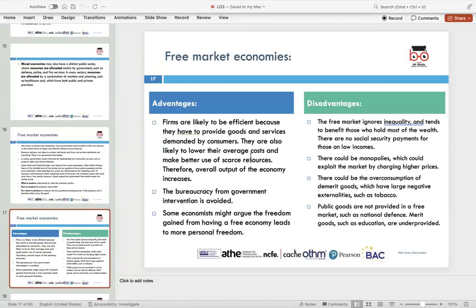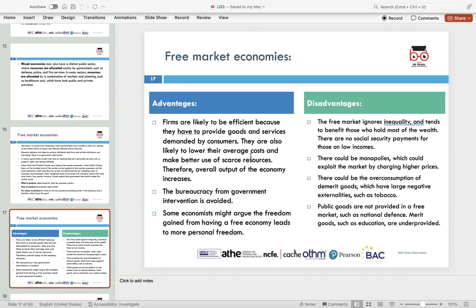Free market economics advantages. There are obviously advantages and disadvantages. When we talk about advantages, it is very probable that firms are efficient due to the fact that they are required to supply goods and services that are wanted by consumers. In addition to this, it is expected that they will reduce their average expenses and make more efficient use of limited resources.